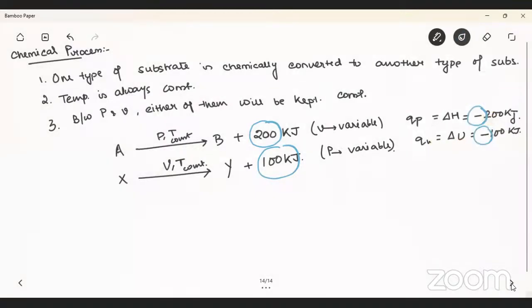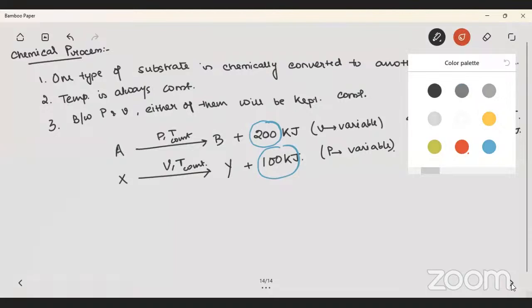Once this is done, one thing you need to know: although phase transformations are physical processes, we still apply all the laws for phase transformation which we use for chemical reactions. This is a general note you have to remember every time.